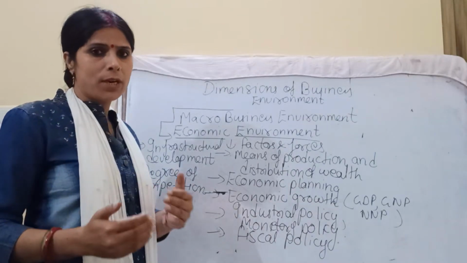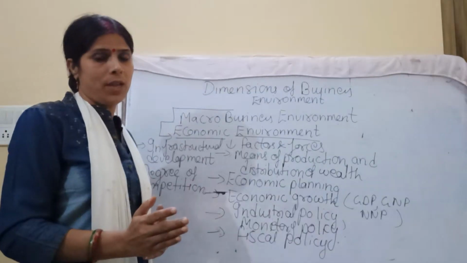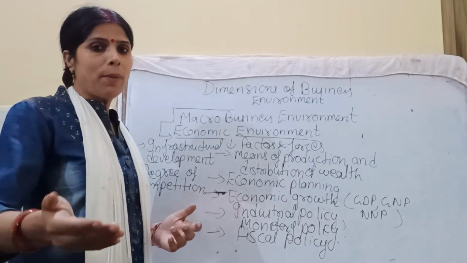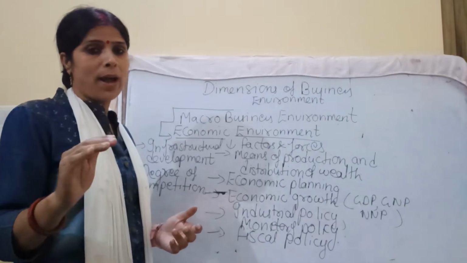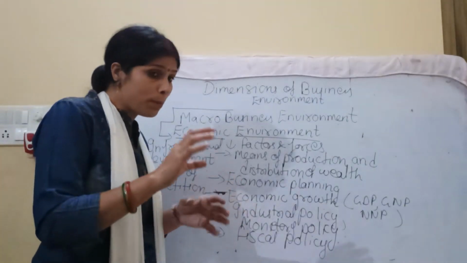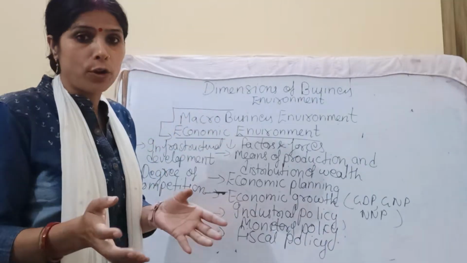If the supply of money in the economy is to be increased, the bank rate is decreased by the RBI. If the supply of money is to be decreased, the bank rate is increased. So these are ways to maintain stability in the economy.